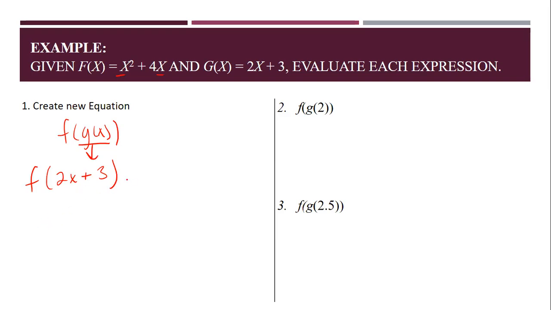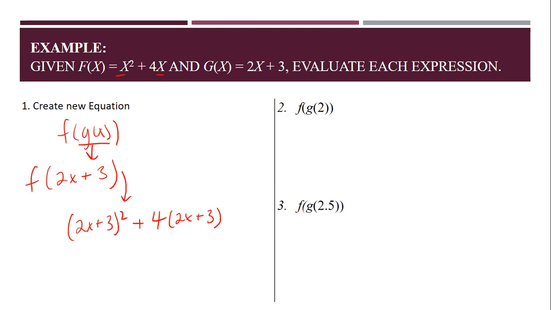So our final is going to be 2x plus 3 squared plus 4 times 2x plus 3. That's what this becomes. All you did, wherever there's an x, whatever g of x is, you just turned it into your x.